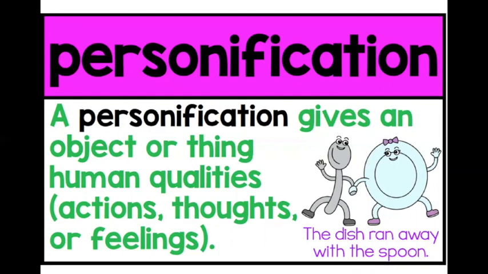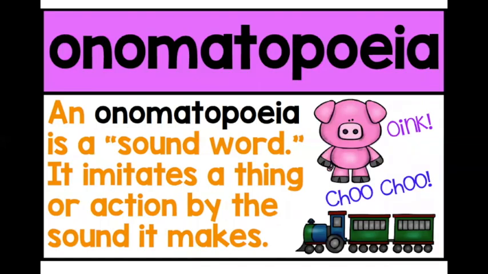And now we are going to look at an onomatopoeia. Okay, big word. We're going to break it apart. It is onomatopoeia. So, an onomatopoeia is a sound word. It imitates a thing or action by the sound it makes. So, when we think of onomatopoeias, we're actually thinking about sounds that we associate with certain objects.